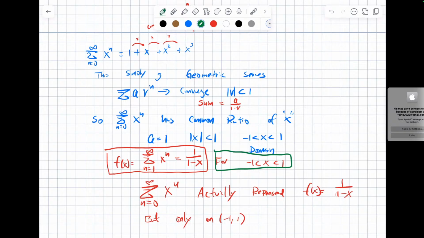Yes. Radius of convergence or the interval? From -1 to 1 is the interval of convergence. The radius of convergence is half of that. Say this is my interval of convergence. This is where I can smack you. If you come near here, I will smack you.